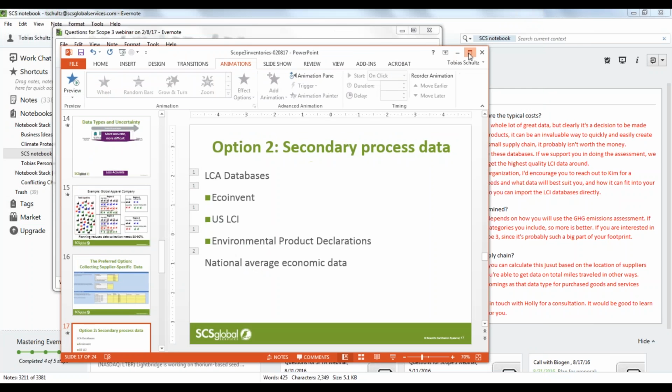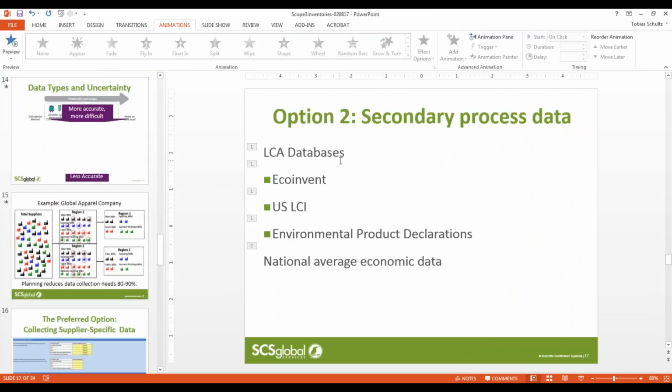Okay. Yeah, so the hierarchy, it's difficult to give a single simple answer because based on the data sets you're modeling and the type of relevance to your greenhouse gas inventory, you may have situations where, for example, EcoInvent doesn't have a good data set, but US LCI does.